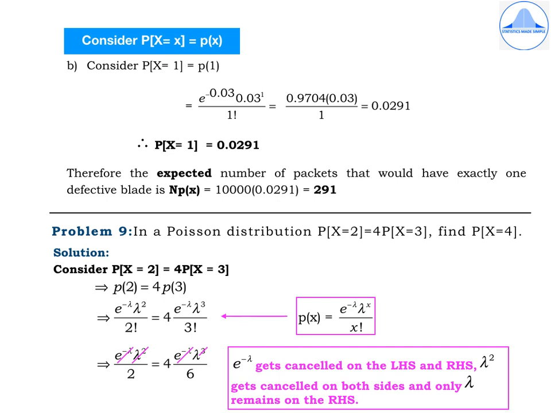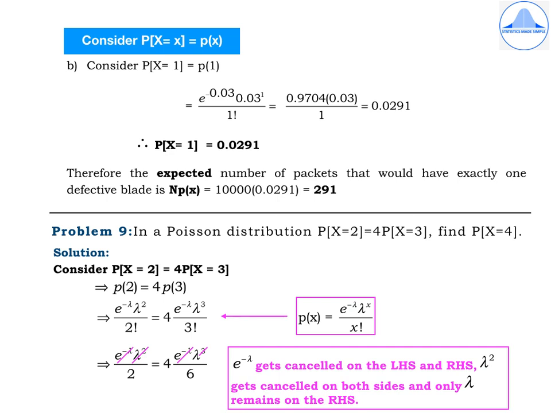On simplification, you'll get 0.0291. Therefore, the expected number of packets that would have exactly one defective blade is, because they have asked the expected number, use the formula capital N into P of X, which is 10,000 into 0.0291, which simplifies to 291.